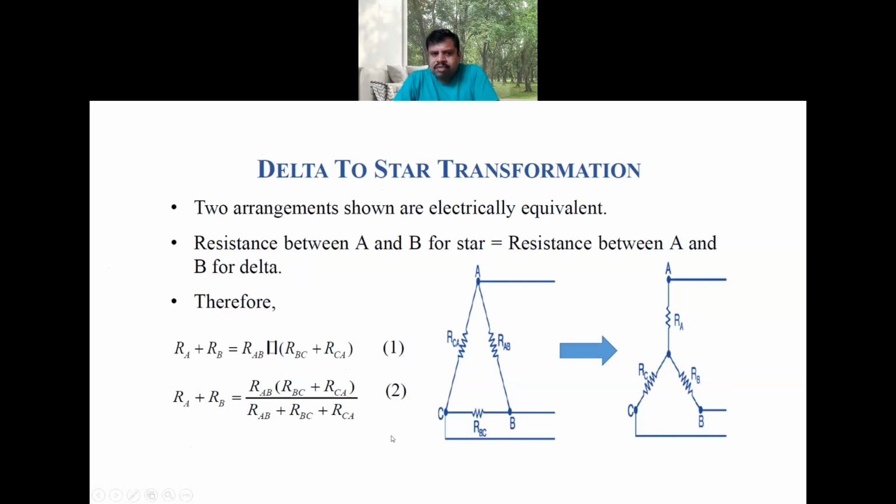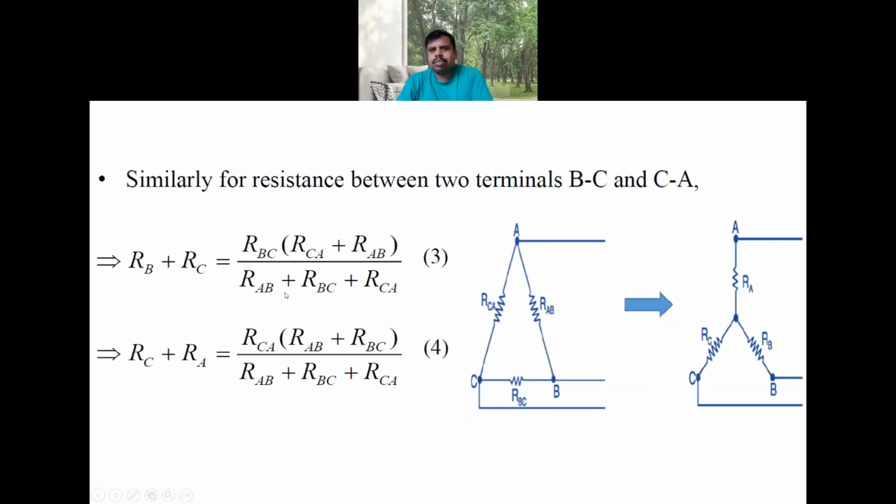That is indicated in the next diagram. Similarly, if we see the terminals A and C, and nothing is connected to B outside, then let us assume that delta and star are equivalent, then RA plus RC is equal to RB's counterpart, that is RCA in parallel with the series combination of RAB and RBC.